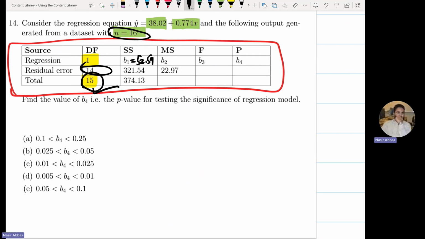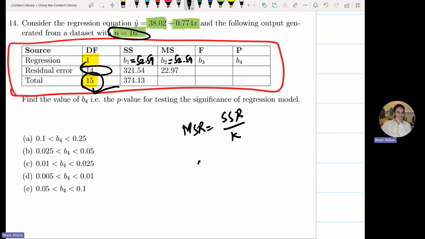Then how do you find MSR? It's SSR divided by its degree of freedom. So what is SSR divided by its degree of freedom? Same number.